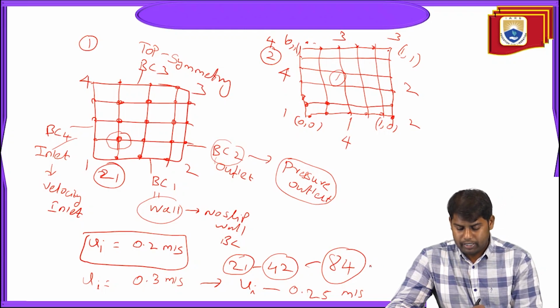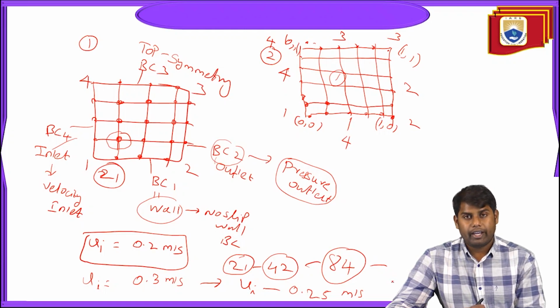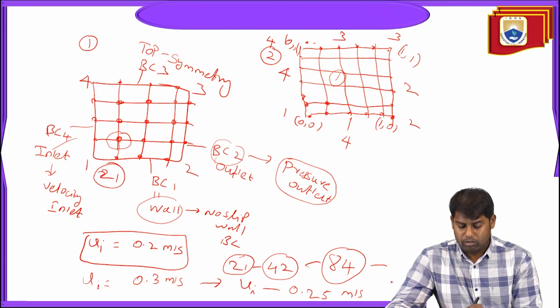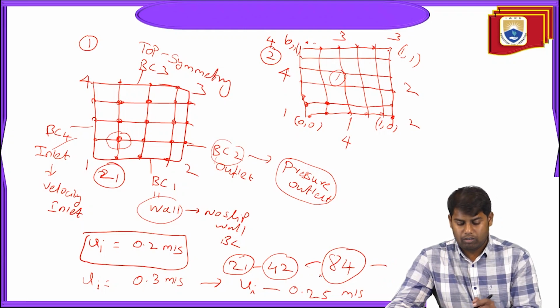Now, if the simulation results are not changing, then you can stop here. If it is changing, you need to again perform the grid independency study. So it has gone to 168.